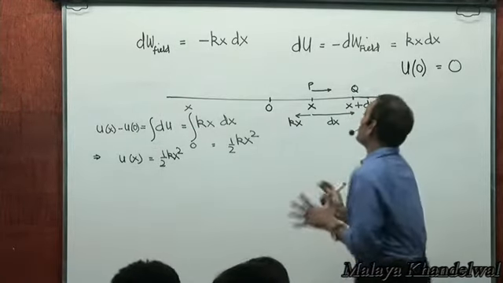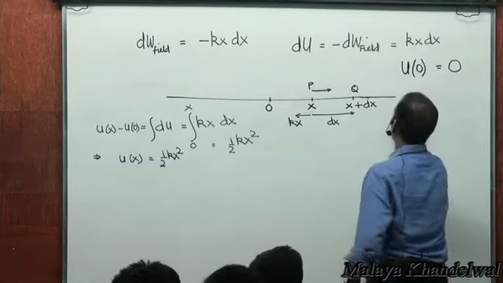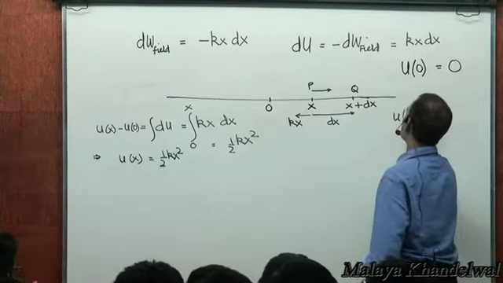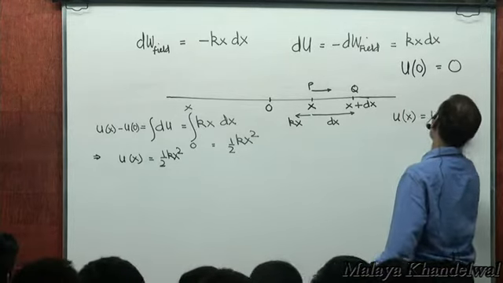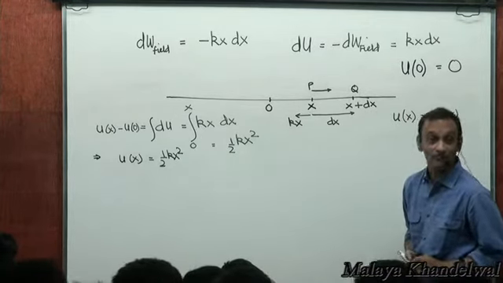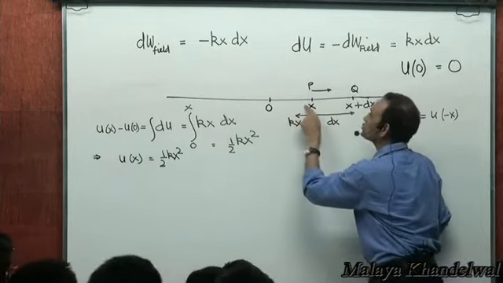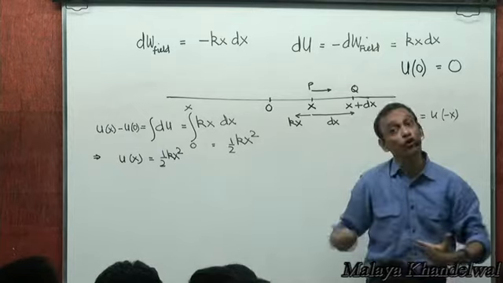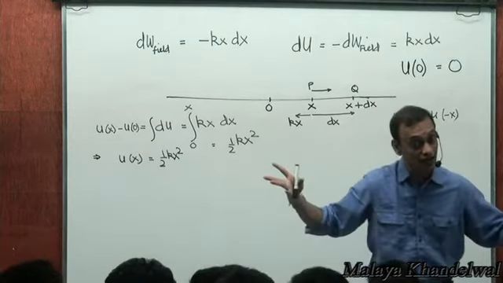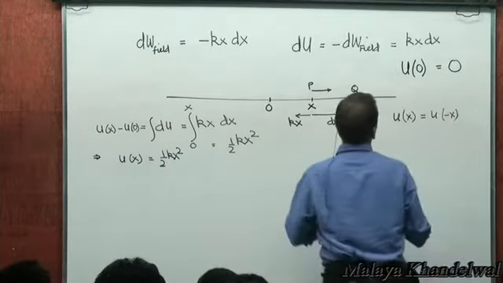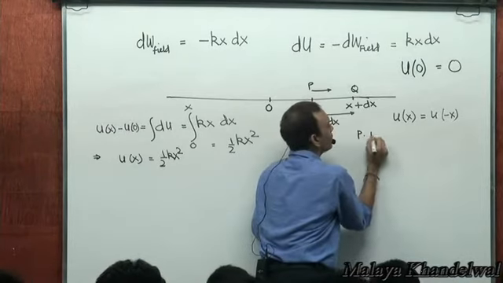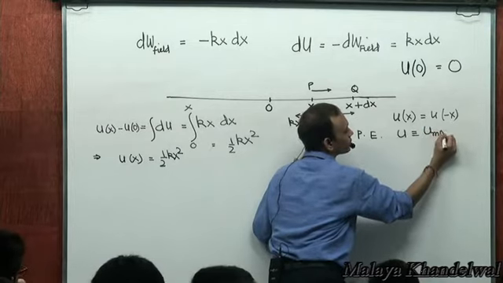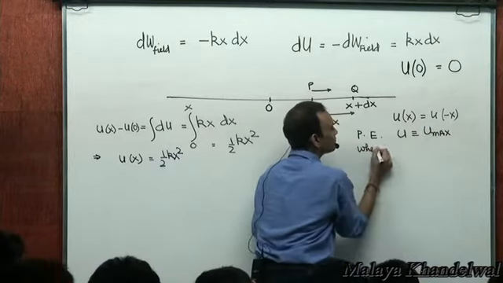Right? Now very clearly, there is some symmetry exhibited in this potential energy. Potential energy at x is the same as potential energy at minus x, as you can see, half kx squared. That means if the particle is 2 centimeters to the right of O, or 2 centimeters to the left of O, it's going to have the same potential energy, right? Also, potential energy is going to be maximum when x is maximum.